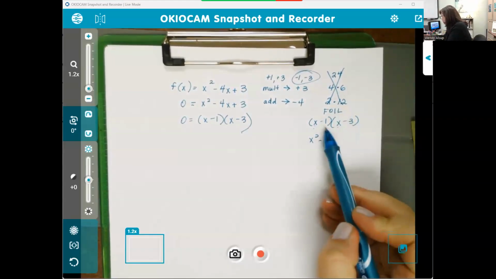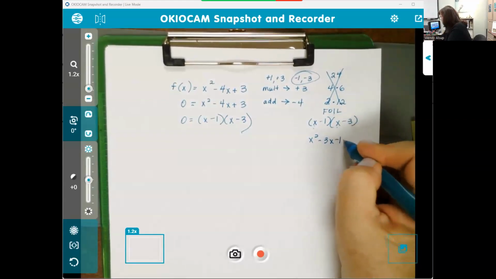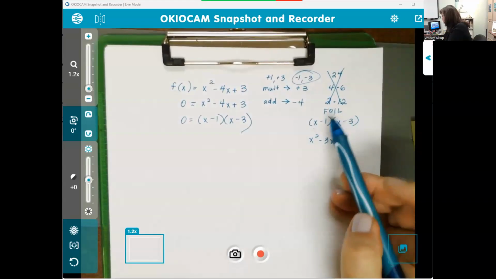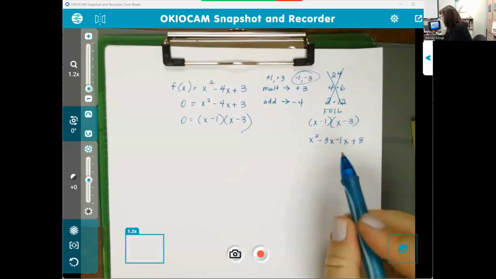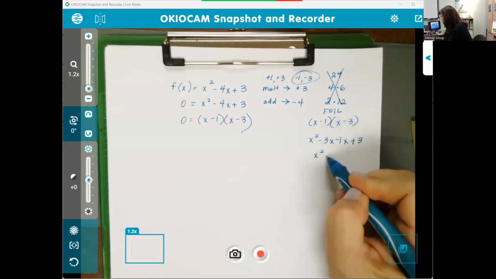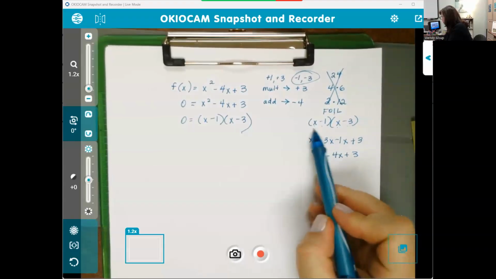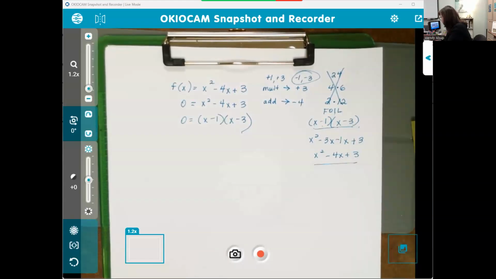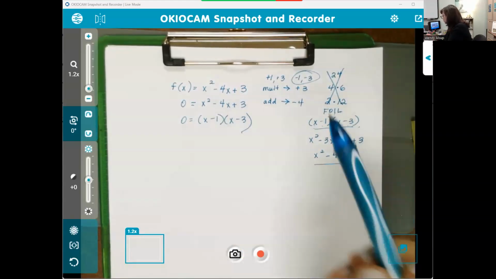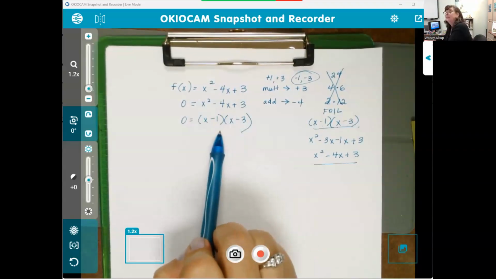You multiply your inner terms, negative 1 times x is negative 1x. And you multiply L for last terms, negative 1 times negative 3 is positive 3. Combine your like terms and you end up with x squared minus 4x plus 3. Sure enough, this, when FOILed out, equals this. And to do it in reverse, if you start off with this and unFOIL it, you get this.